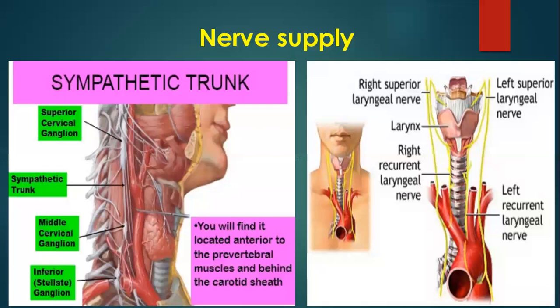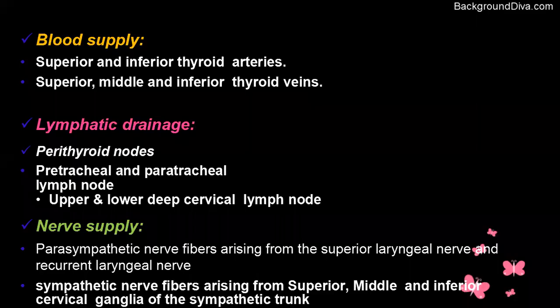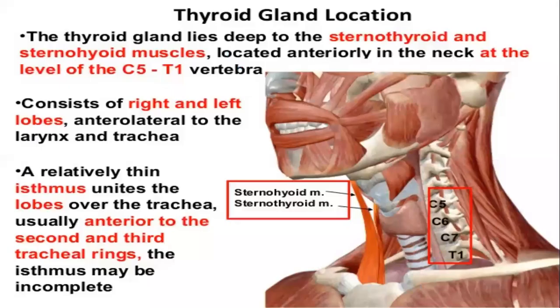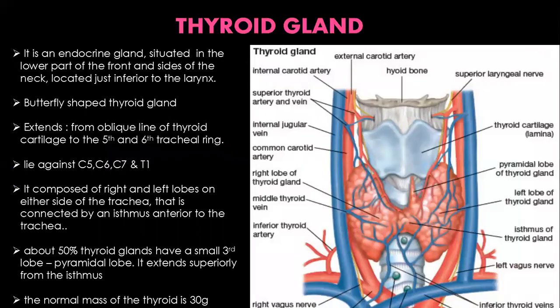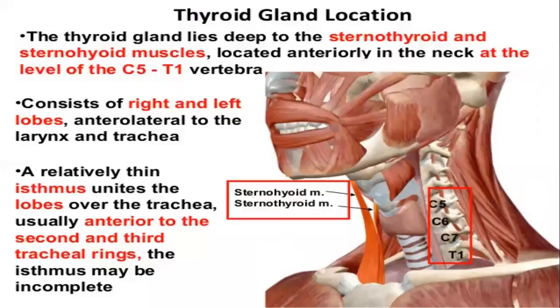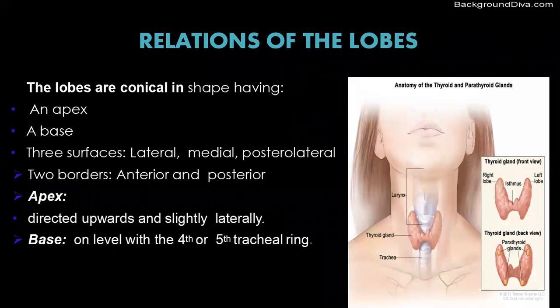So we discussed the structure of the thyroid gland: the location of the thyroid gland, shape, lobes, and mass of the thyroid gland, and relation of the lobes.